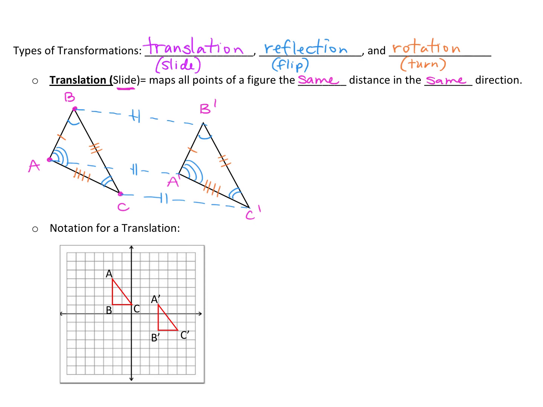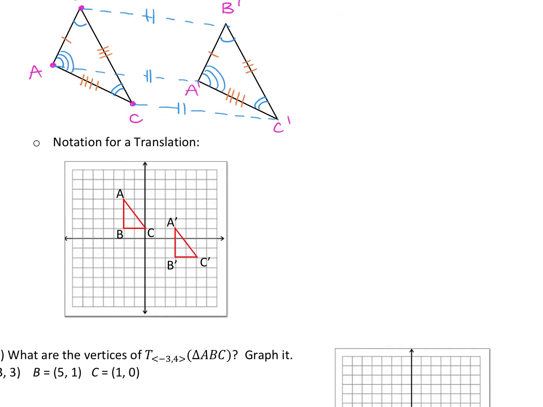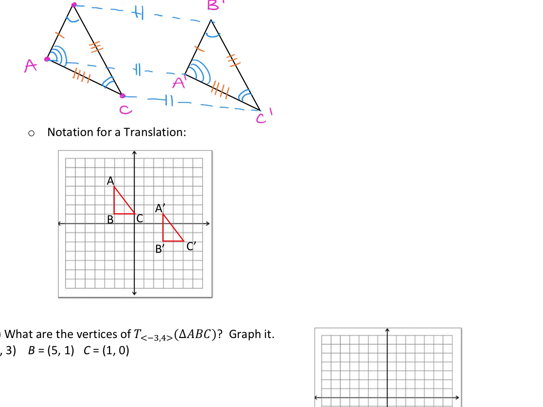Okay, so how we write a translation is like this. You're going to have 2 triangles, okay? Triangle ABC, triangle A prime, B prime, C prime here. Basically what's happening is you have to figure out how far we had to move to get from point A to A prime, or point B to B prime or point C to C prime. Because it's a translation, it will be the same for all 3 of them.